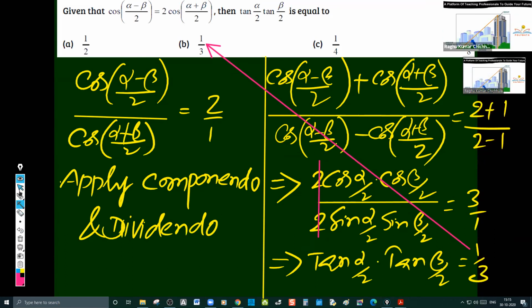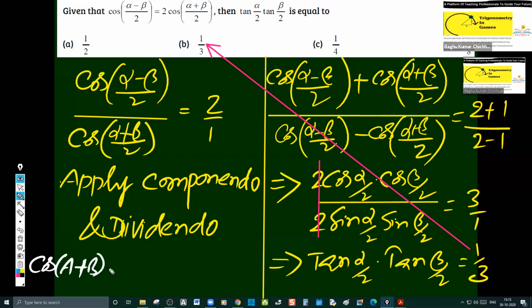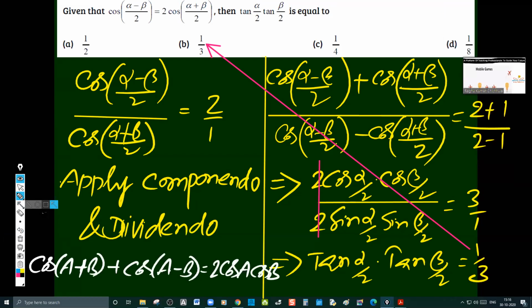Tell me this, cos of A plus B plus cos of A minus B is 2 cos A cos B. Correct, no?